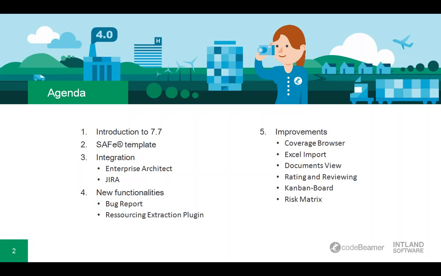We also invested a lot of time, energy, and effort to bring various other improvements like the new capabilities of bug reporting, resourcing, extraction plugins, a new wiki plugin, new usability improvements in the coverage browser, Excel import, a new interface on the document view with rating and reviewing capabilities, and extended functionality of the Kanban board, and, as I mentioned, the risk metrics as well.